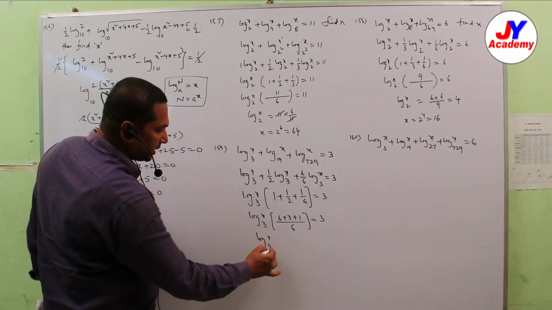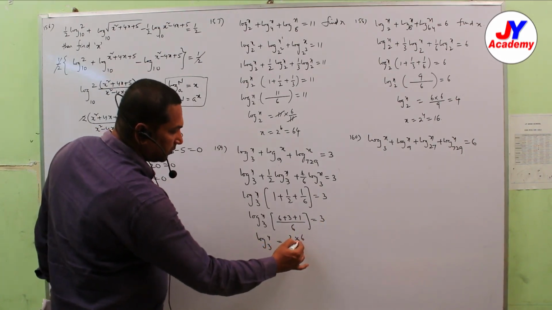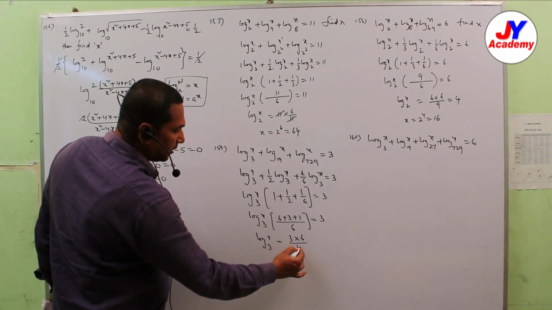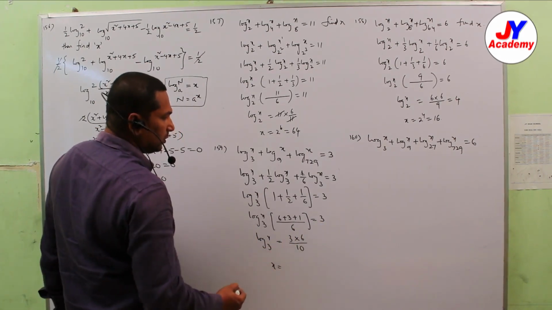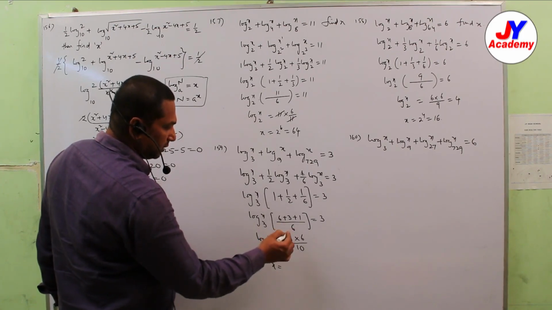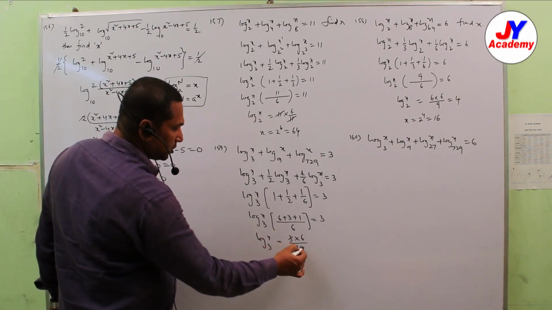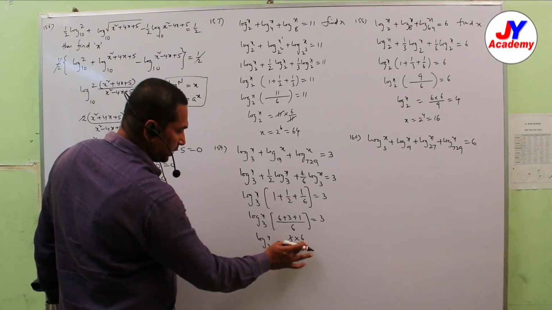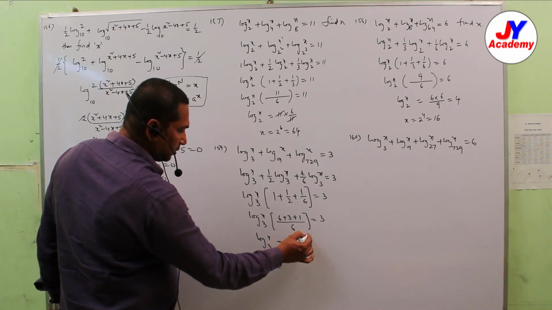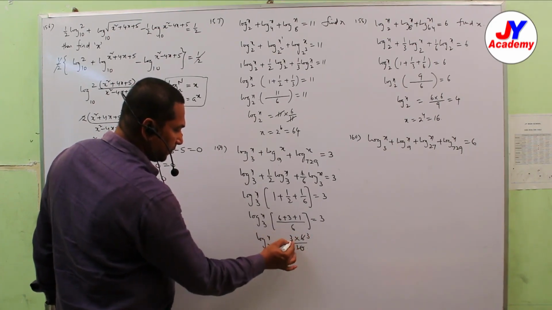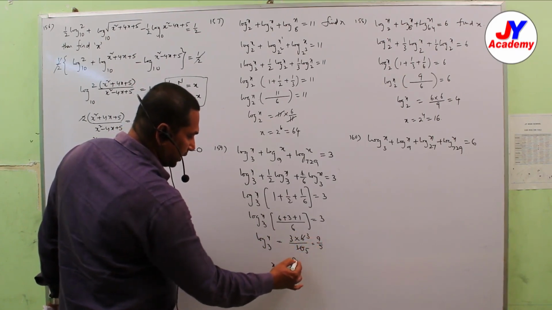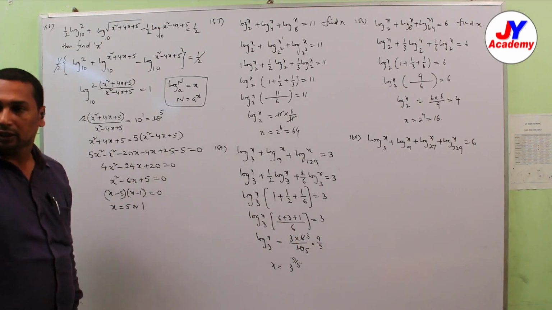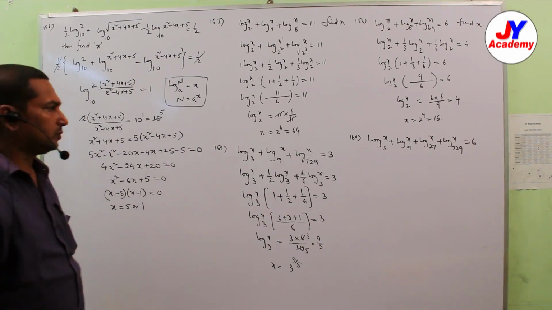So log x base 3 is equal to 3 into 6 by 10. So x is equal to 3 power 9 by 5. That is the required answer.